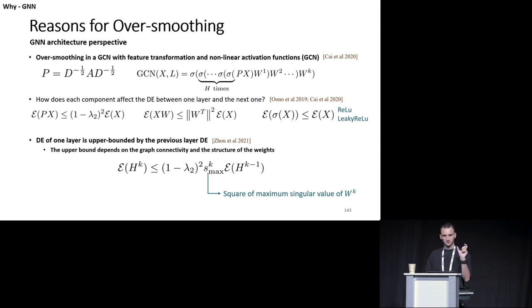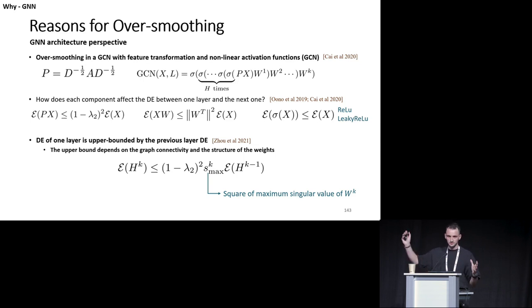So the Dirichlet energy of the next layer is upper bounded by the Dirichlet energy of the previous layer by a constant that depends on the structure, here in lambda 2, and also by a factor that depends on the singular value of the feature matrix.